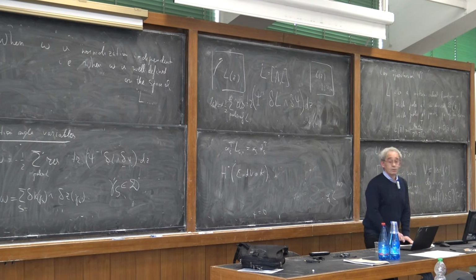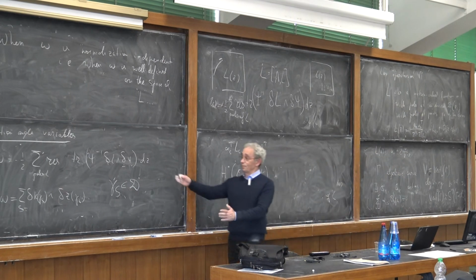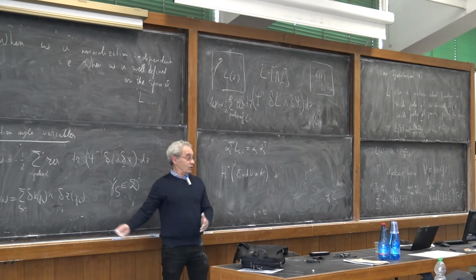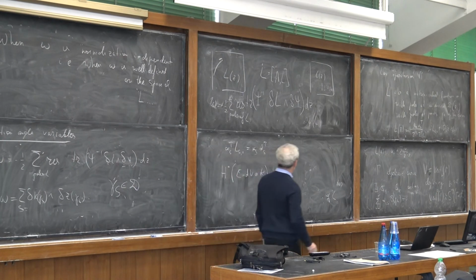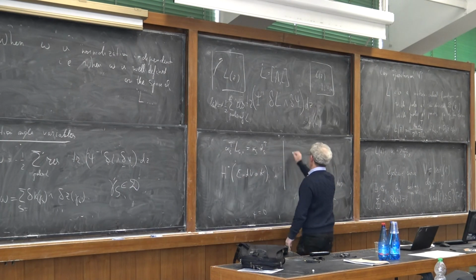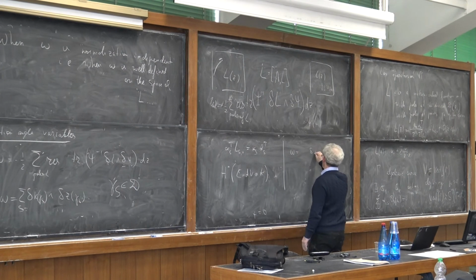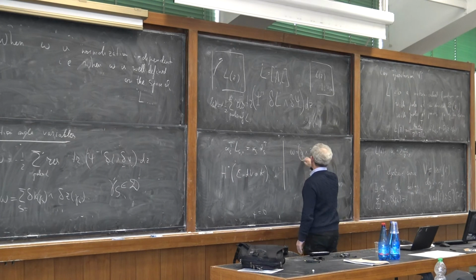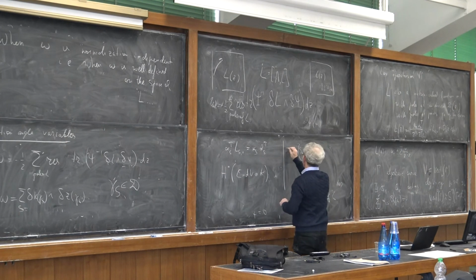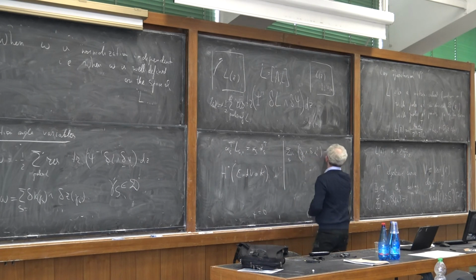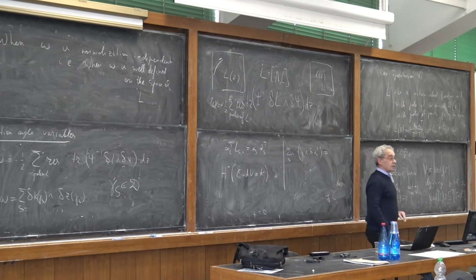Now, you do the same computation as I said, you just plug in, and what you get for the form omega is omega equals the sum over S of delta alpha S transpose delta beta S. So alpha are coordinates on a moduli space of vector bundles, beta are coordinates in the fiber of the cotangent bundle.